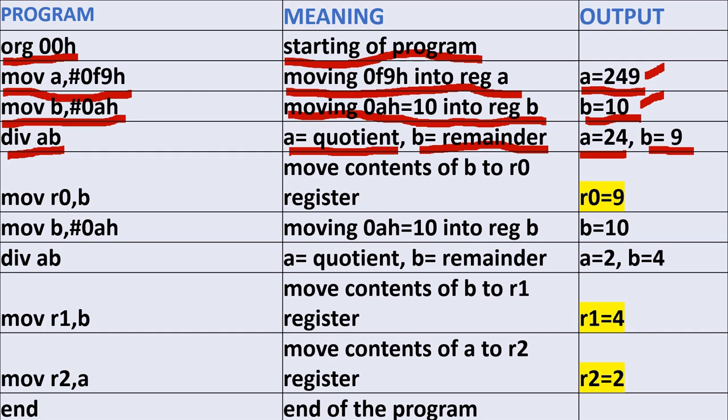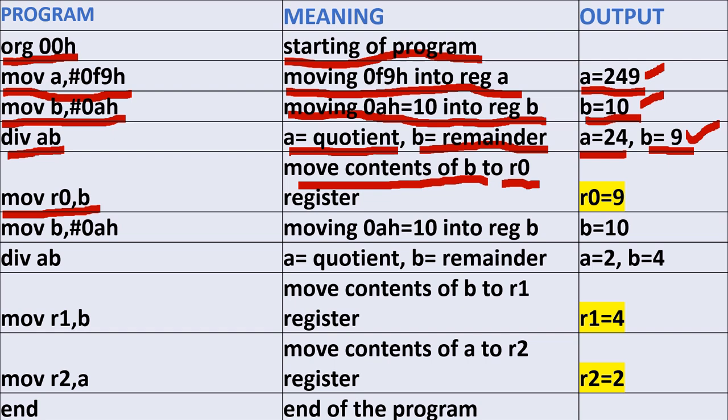Now let's go for the next instruction. MOV R0, B. That is, we are moving the contents of register B into register R0. Here, if you observe, in the last step we got B is equal to 9.